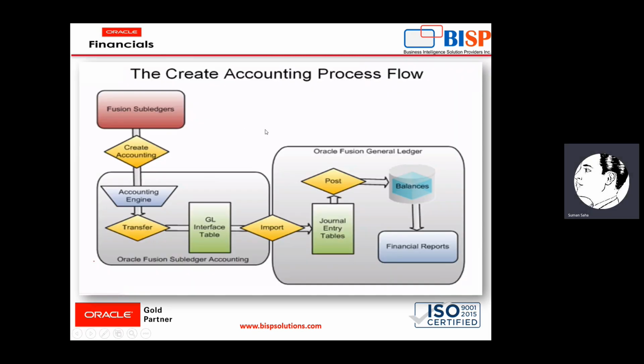So how does it work basically? The accounting process flow is through the Fusion subledger. We enter the invoices or create a transaction in the Fusion subledger module, and then we create accounting. One is online create accounting and another one is the offline method.